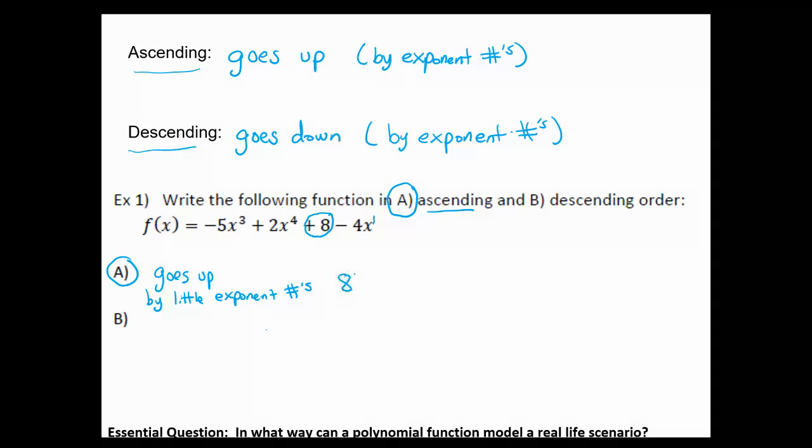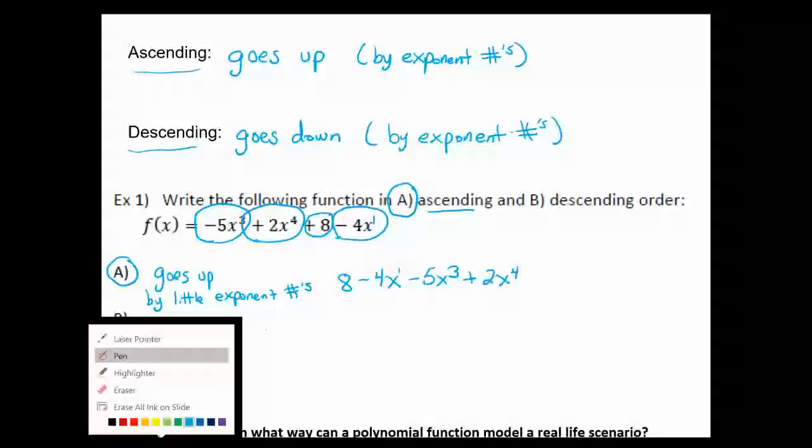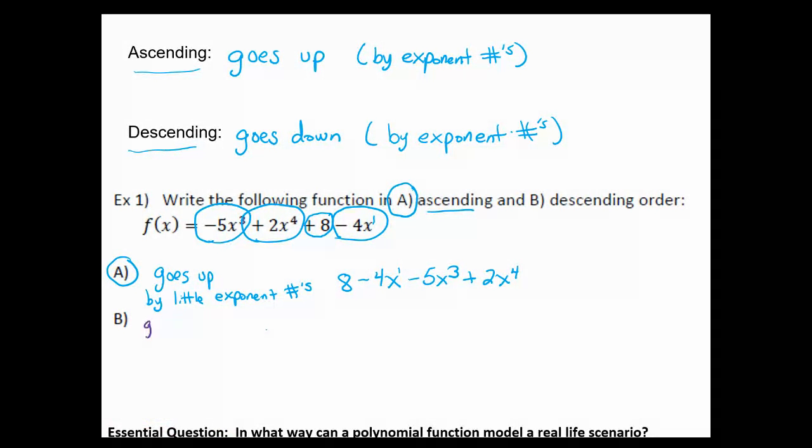So it starts at 8. Going up would be x to the 1. Going up would be x cubed. Going up would be x to the 4th. So it goes up by the little exponent. So no exponent, exponent to the 1, to the 3, to the 4. So this is your ascending order. Descending order goes down by the little exponent numbers, right?